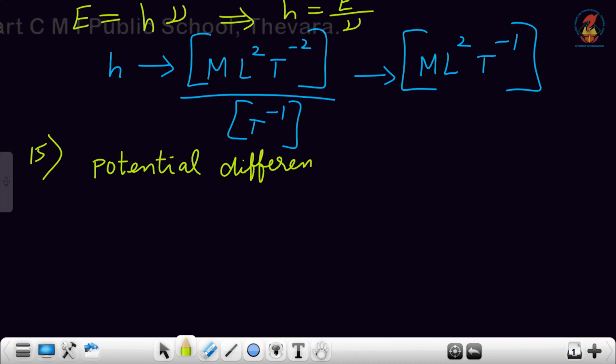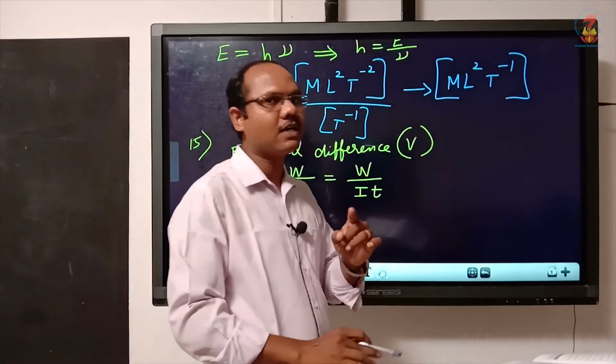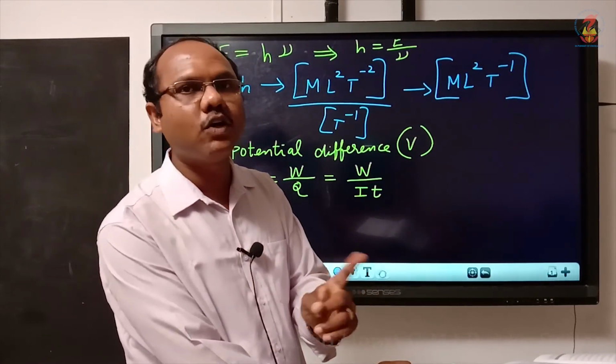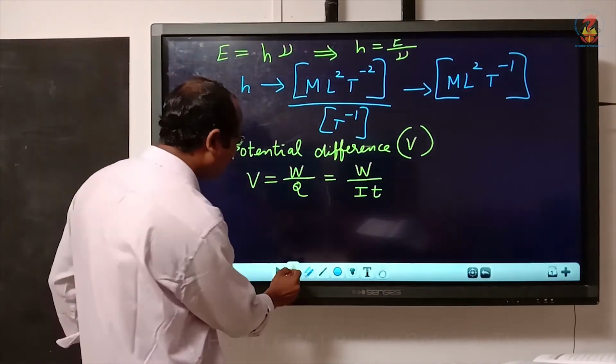Potential difference is V. We studied V equal to work by charge. And what is charge? Current into time. I is equal to Q by T, that is what you studied in 10th. So Q is equal to I into T. So V is work by I T. So let us see how to get it.